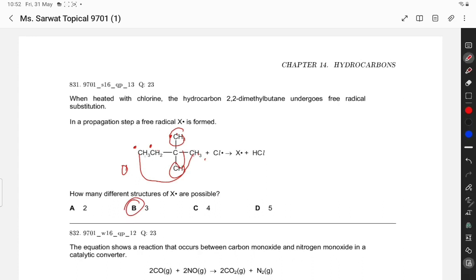This is possible, this is possible, this is not possible, because this is CH3 and this is CH3, and CH3 is the same, so it is not possible, and over here CH3 and CH3 are same, so this is possible. So that's why 3 different structures of radicals are possible.